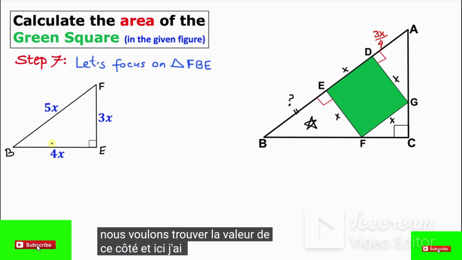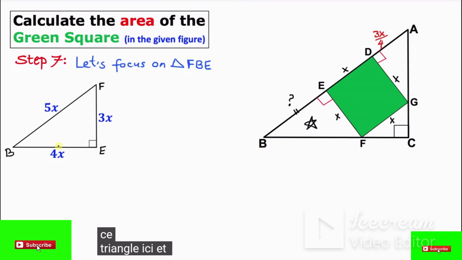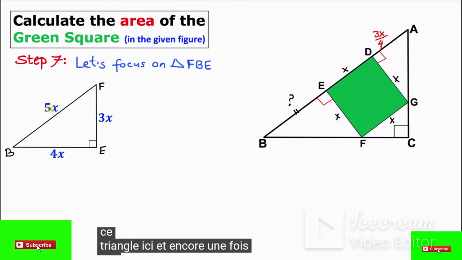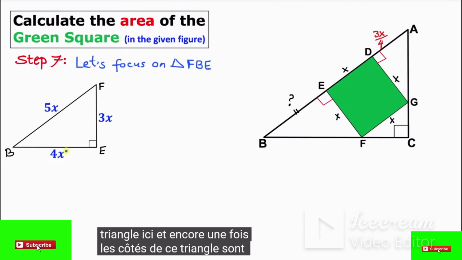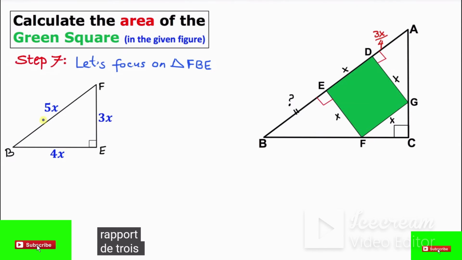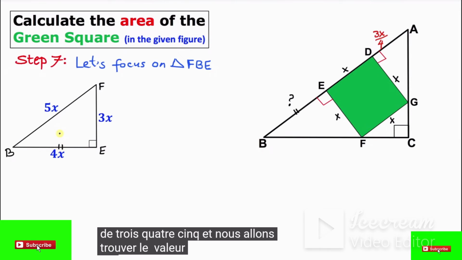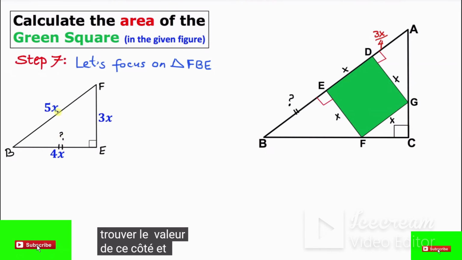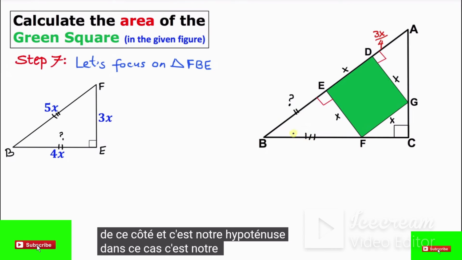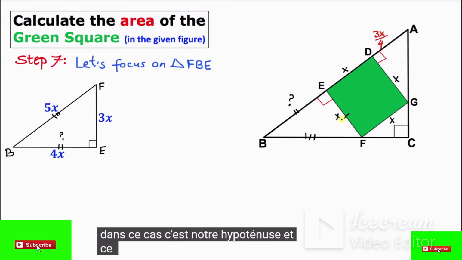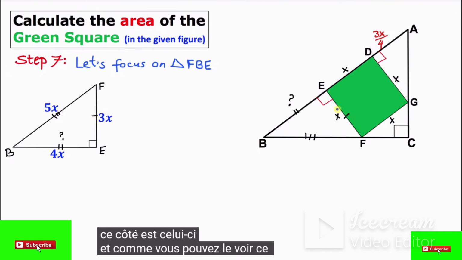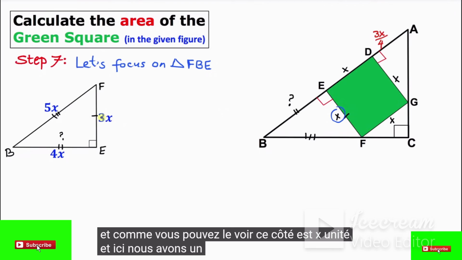In this next step, let's focus on this triangle FBE, and we want to find the value of this side. And here I have copied down this triangle right up here, and once again the sides of this triangle are in a ratio of 3, 4, 5. In this case, this is our hypotenuse, and as you can see, this side is x units, and here we have a 3x.